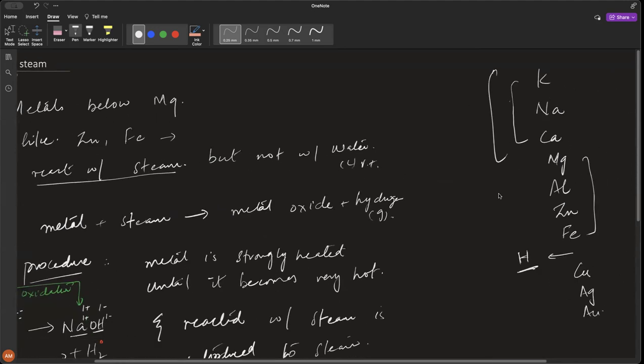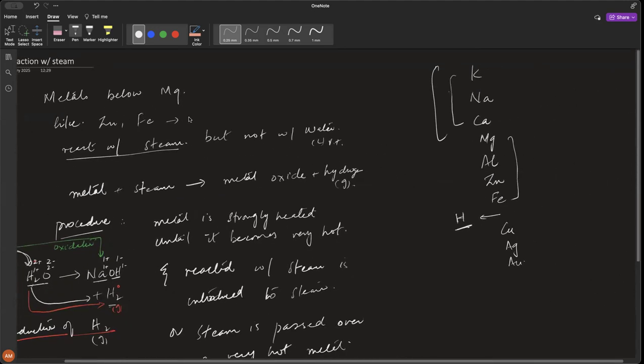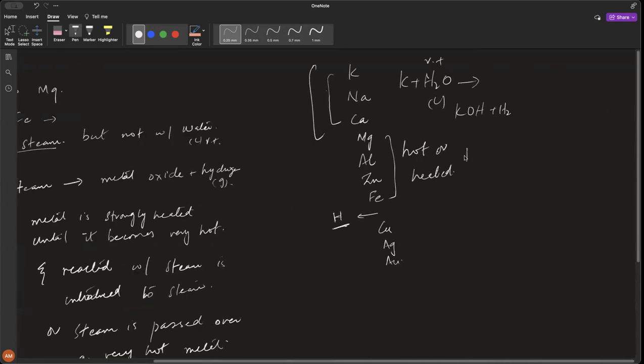But the other ones need to be either hot or heated very strongly in order to react with water and give hydrogen gas.